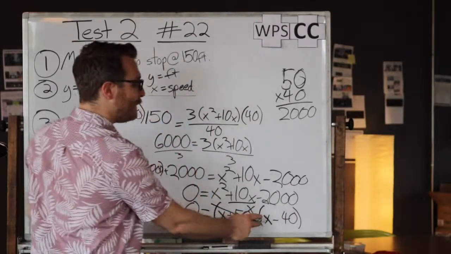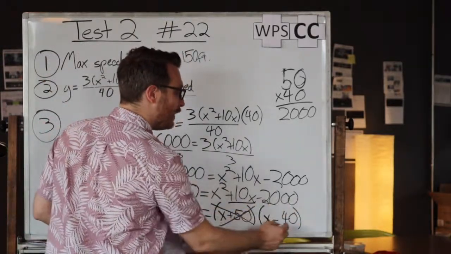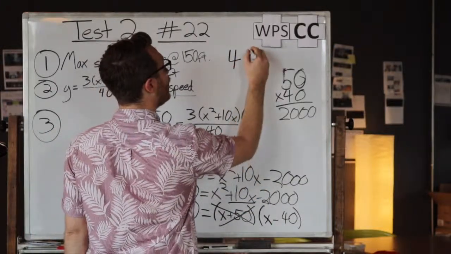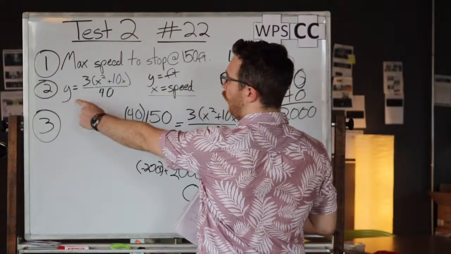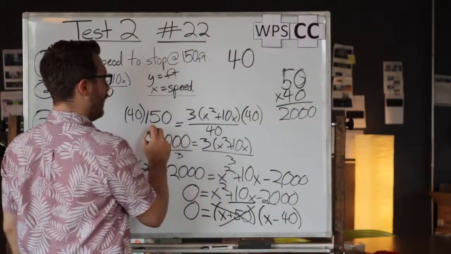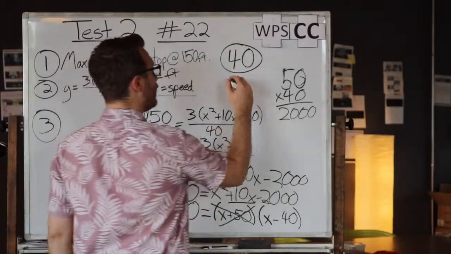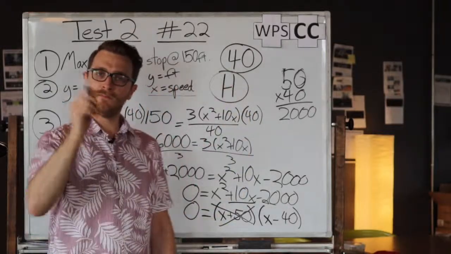If I make my speed x be 40, 40 minus 40 does equal 0. So I find that the speed of 40 fits this equation when I've plugged in a distance of 150 feet. You will find that 40 is the correct answer, and the letter answer H. Great job.